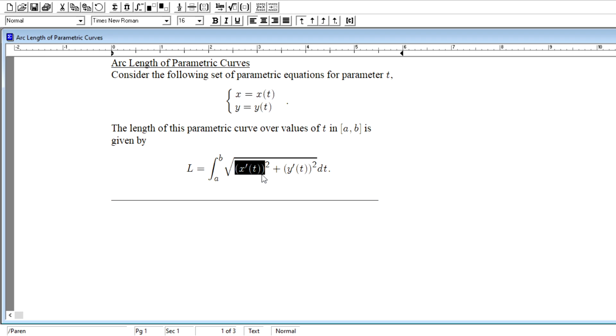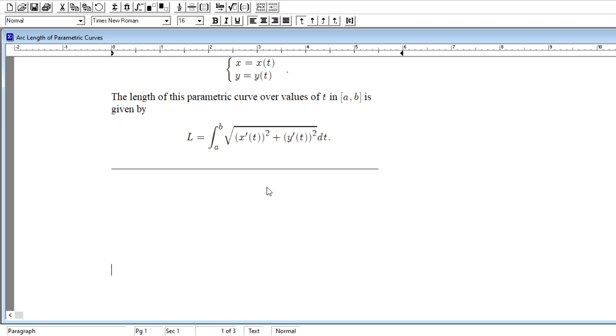We need to take x prime of t, square it, and add it to y prime of t, square it, and place it underneath this radical symbol within this integration with respect to t from a to b. This is how we calculate the length of a parametric curve.